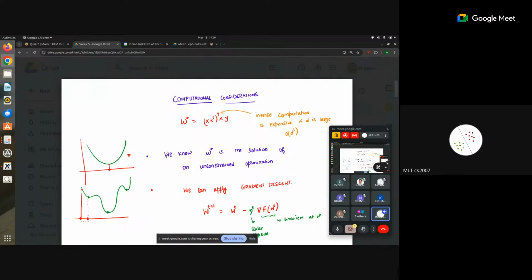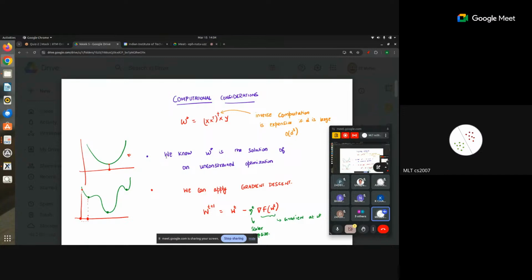Whichever coefficient becomes 0, that means that feature will become 0 anyway, right? Because in supervised learning, you're trying to fit a line to the data set. So what is the equation of a line generally? Y equals w1 x1 plus w2 x2 plus w3 x3, like that.